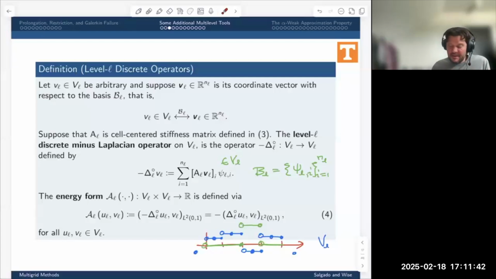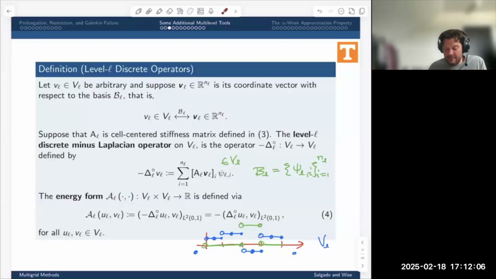I'm going to create something now using that definition called an energy form. Okay, so I'm going to give that the name AL. It turns out it's going to be a bilinear form. Bilinear forms always take two objects from VL, or whatever space you're working on.